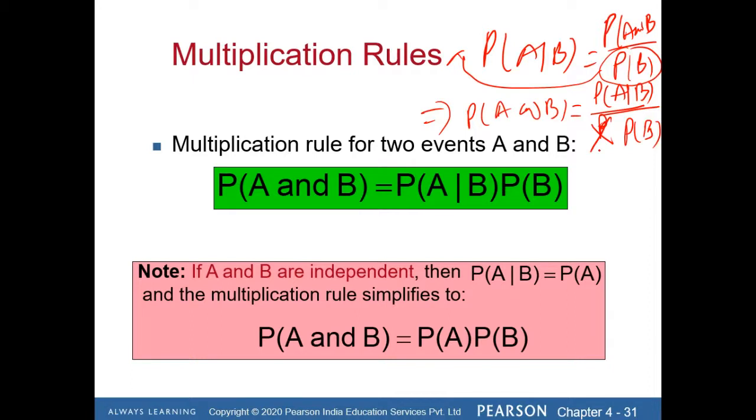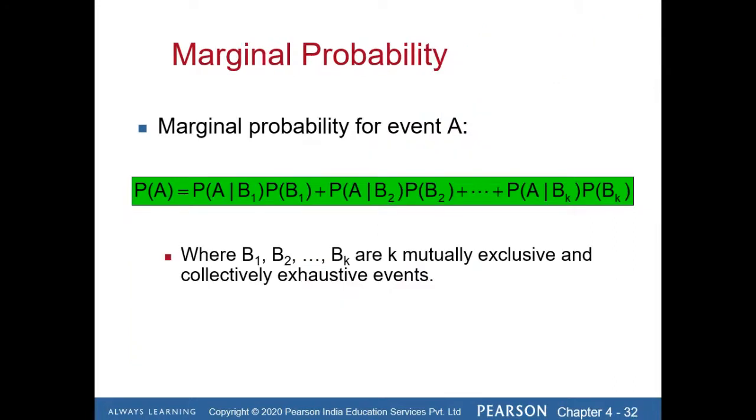So this is the way we can find the multiplication rule for two events A and B using the conditional probability formula. If A and B are independent, the conditional probability of A given B is just P(A), and the multiplication rule becomes P(A) into P(B). So we have learned the addition rule and the different rules.